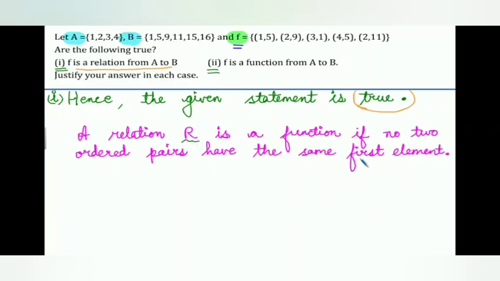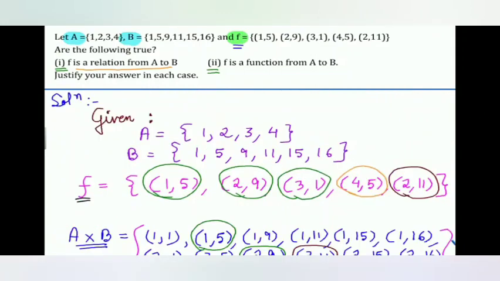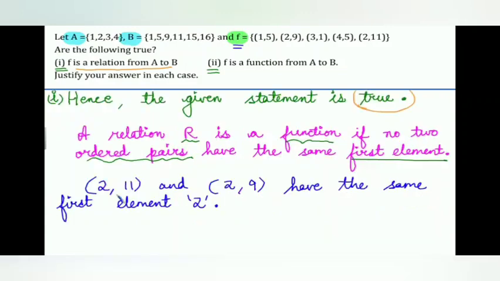A relation R is a function if no two ordered pairs have the same first element. For the second question, f is a function from A to B. So our definition of function is that a relation R is a function if no two elements are present with the same first element. So you have to check (1, 5), (2, 9). Here you can say that (2, 9) and (2, 11): the first element 2 is repeated two times. (2, 11) and (2, 9) have the same first element 2.